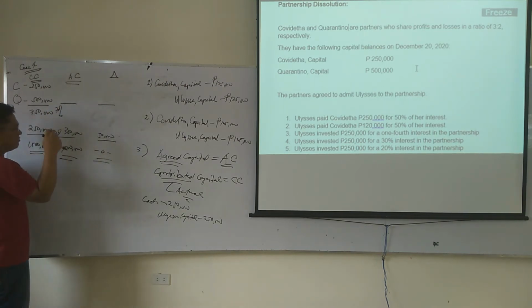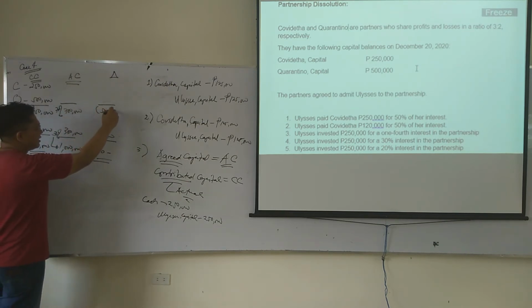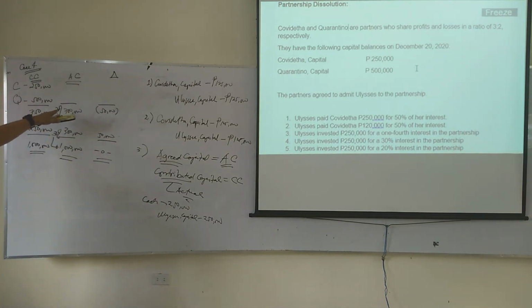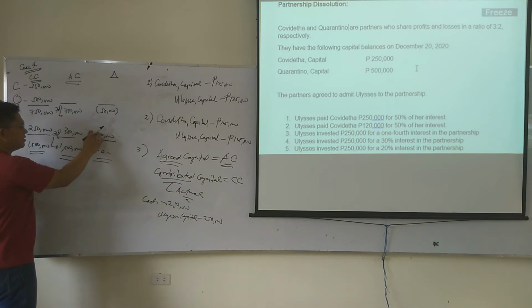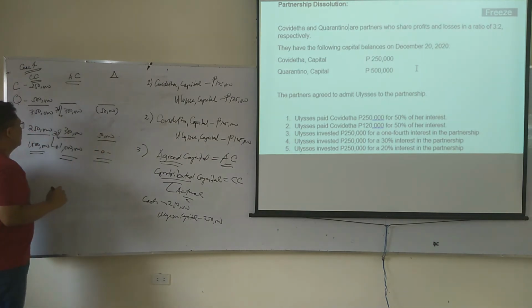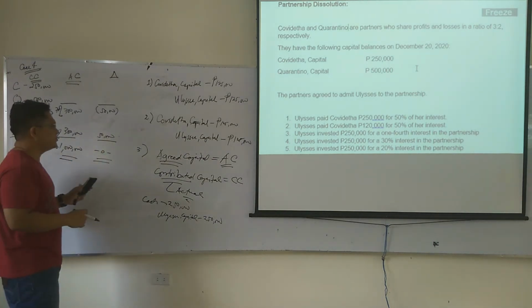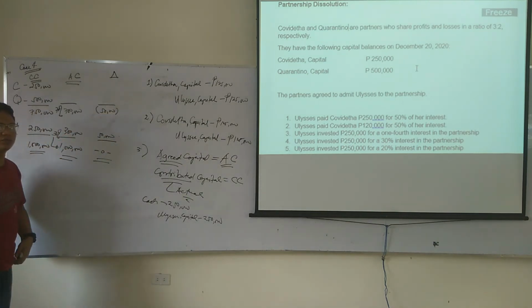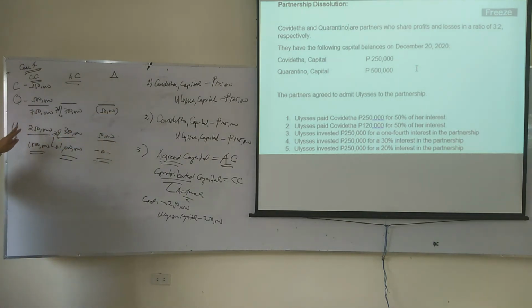So 70% of 1 million is 700,000. That means the old partners are being deducted 50,000 of their capital because it was given to the new partner. In partnership dissolution, we call it bonus to the incoming partner.